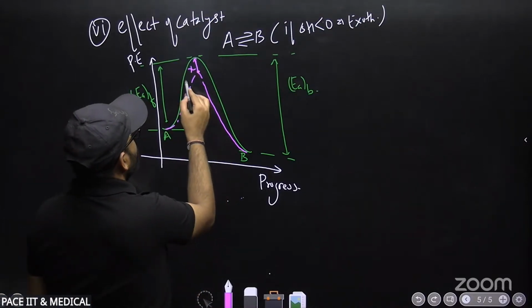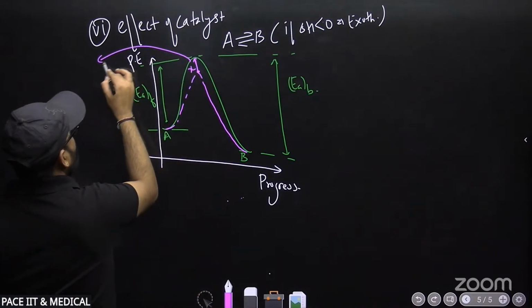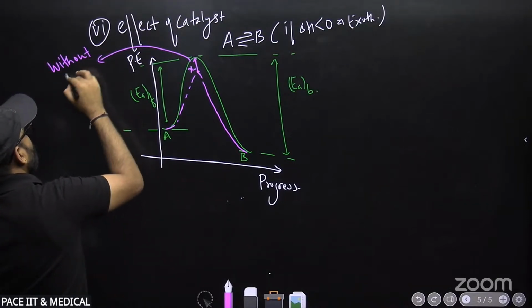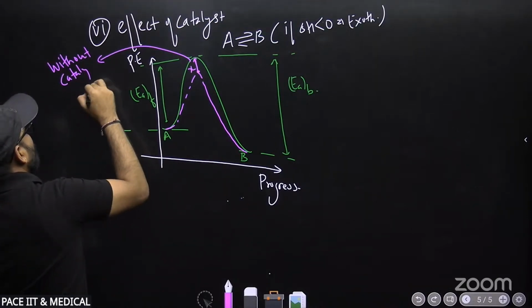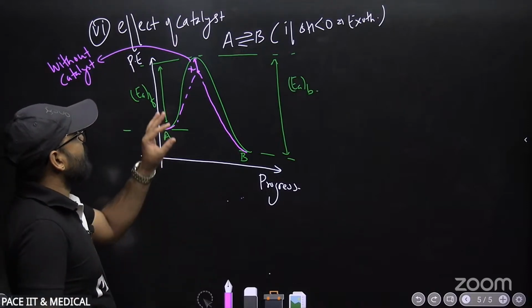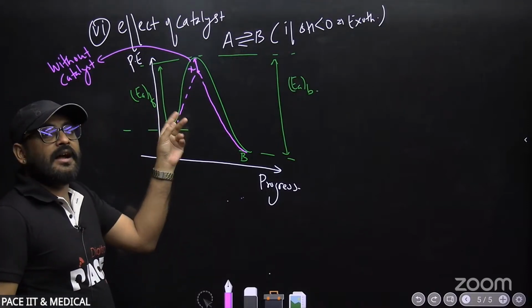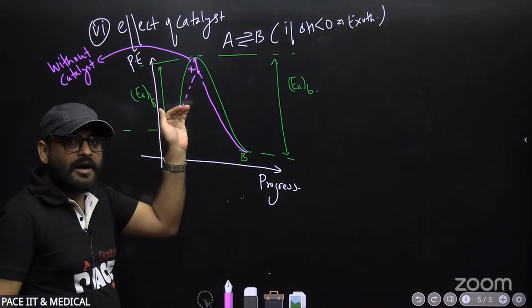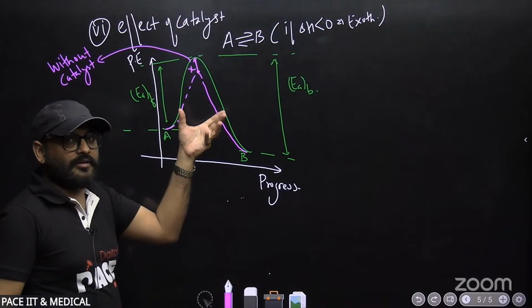So the upper graph is without catalyst. The examiner will say that the reaction is taking an alternate path when a catalyst is used. Alternate path, the convenient path.